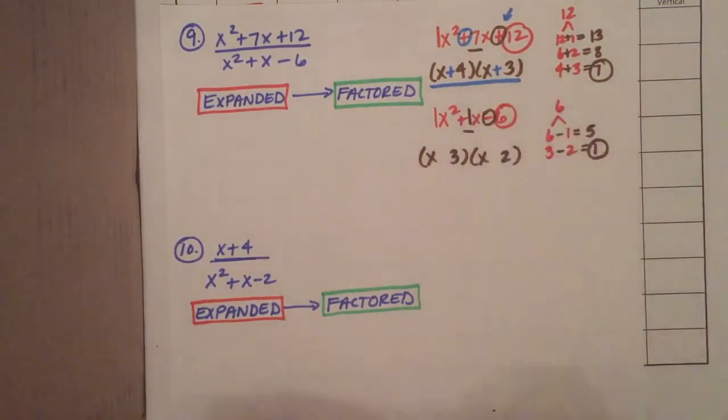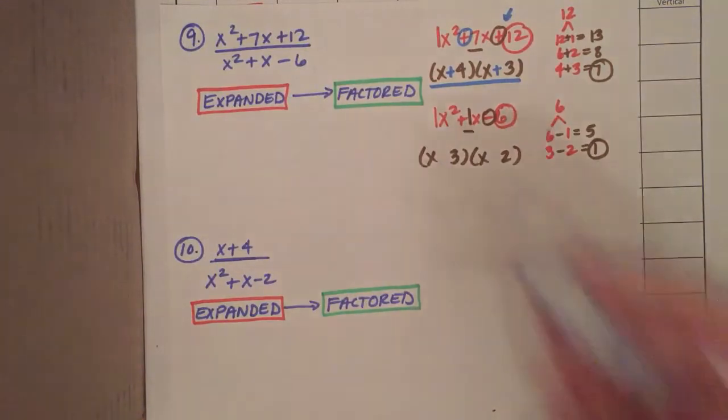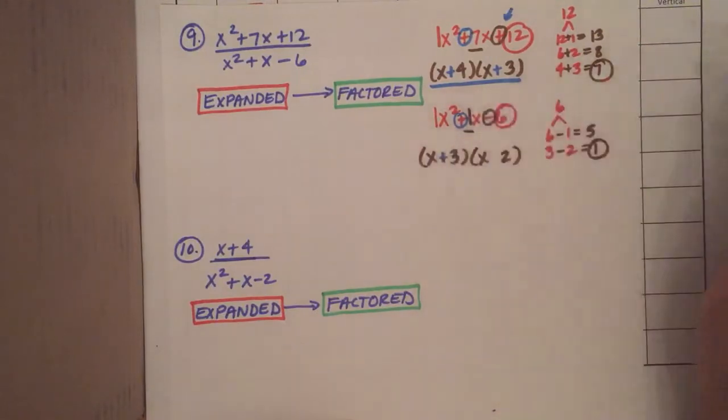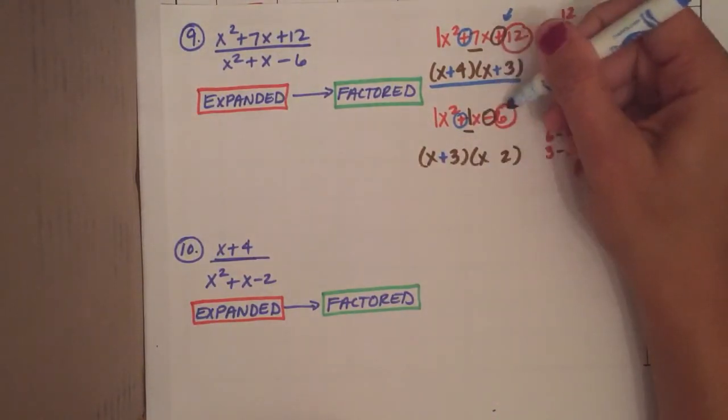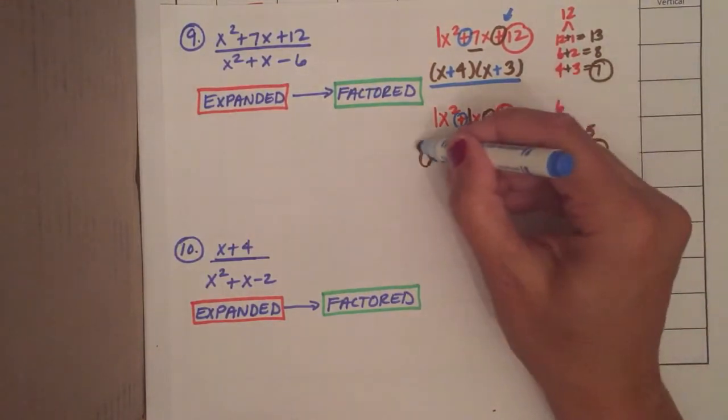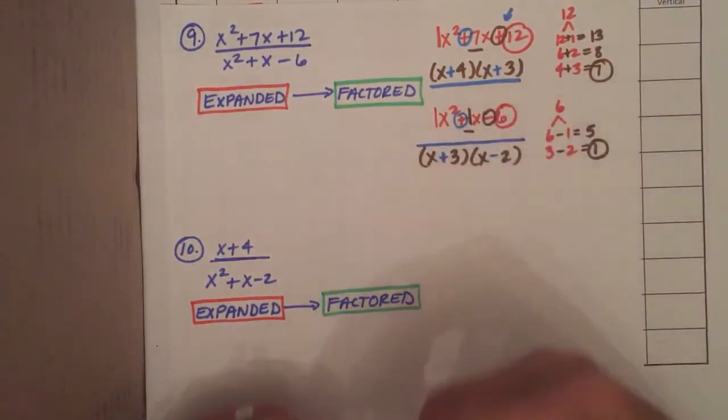3 and 2. And now I'm going to look at the value of the B term, which is positive. So that means the largest factor has to be positive. But since I got a negative 6, a negative C term, that means the two values have to be opposite signs.